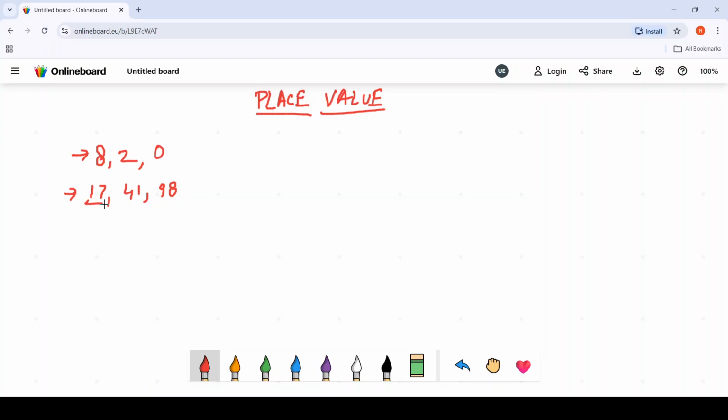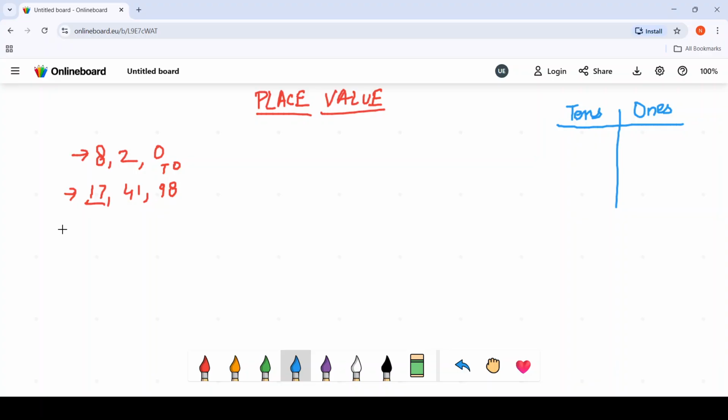So 17 is a number, but it has two digits. These digits are placed at ones and tens. These are the place values, right? So let's create a table. The rightmost digit is always for ones, and the left one next to it is the tens place. Okay, this much we have already discussed.